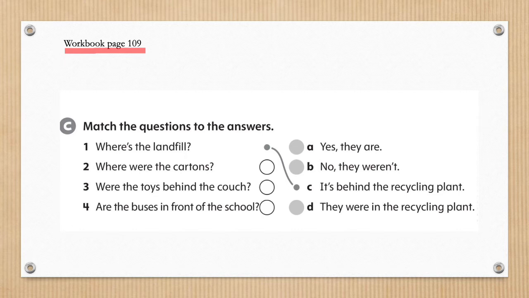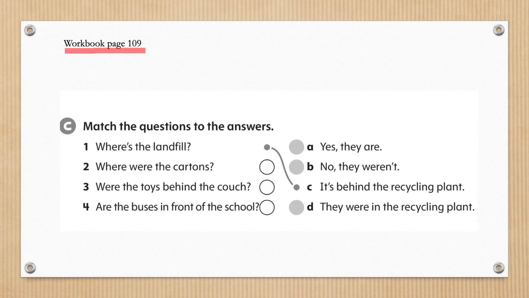So, an example of this is number 1. Where is the landfill? We look at the answers. Yes, they are. No, they weren't. It's behind the recycling plant. They were in the recycling plant. The answer is, it's behind the recycling plant.